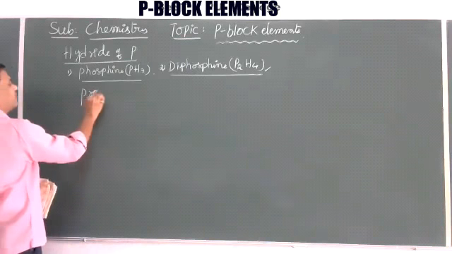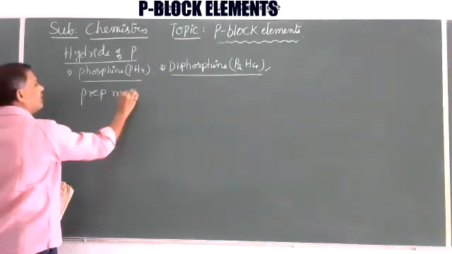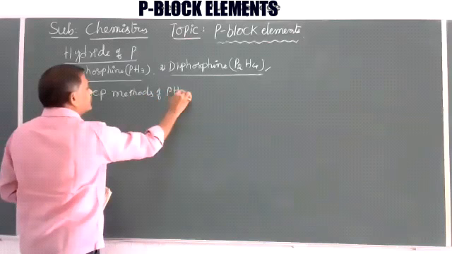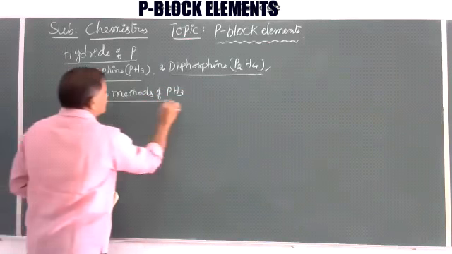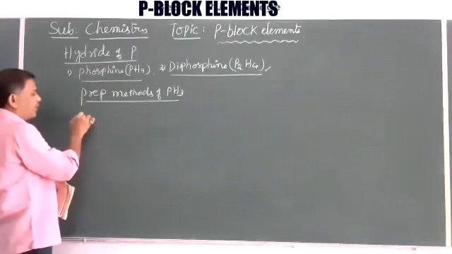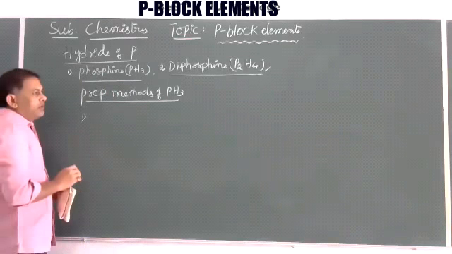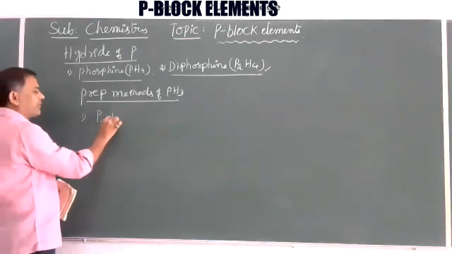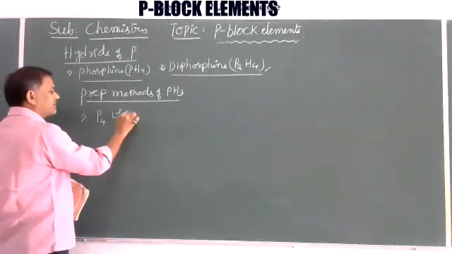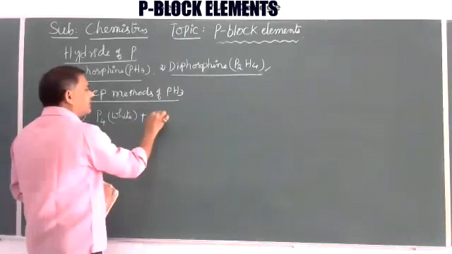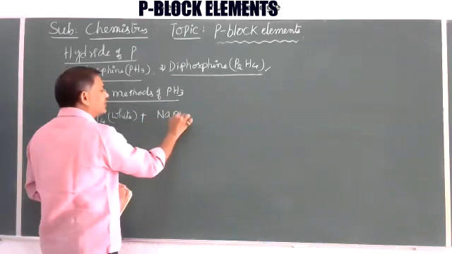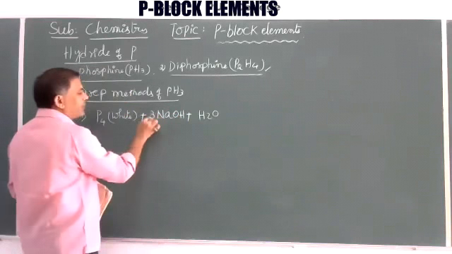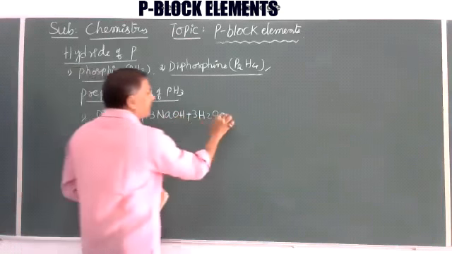Preparation methods of phosphine, PH3. Two to three important methods are there. One is with white phosphorus. This phosphorus P4, white phosphorus, is reacted with the alkali solution NaOH plus H2O, 3 moles and 3 moles.